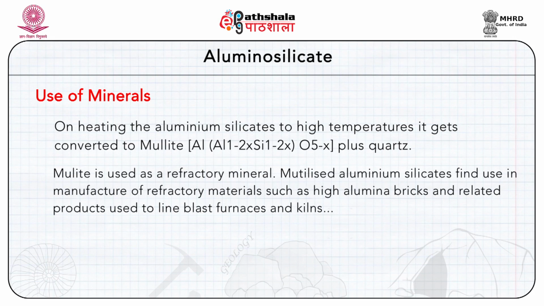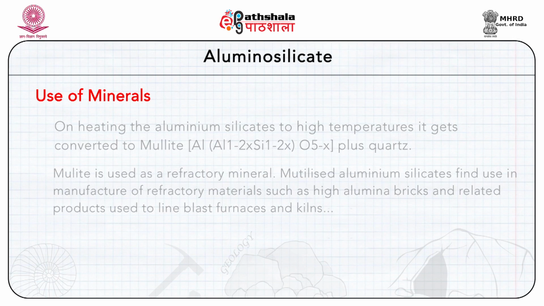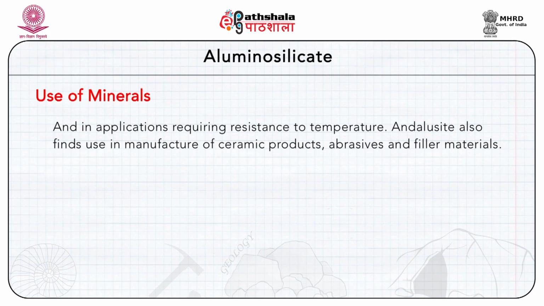Mullitized aluminum silicates find use in manufacture of refractory materials such as high alumina bricks and related products used to line blast furnaces and kilns, and in applications requiring resistance to temperature. Andalusite also finds use in manufacture of ceramic products, abrasive and filler materials.